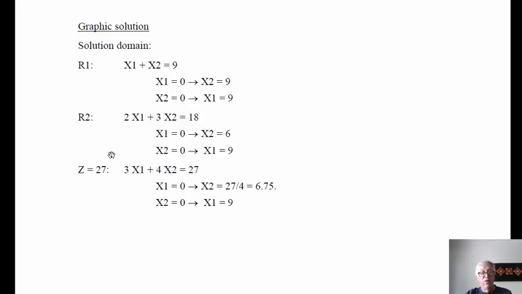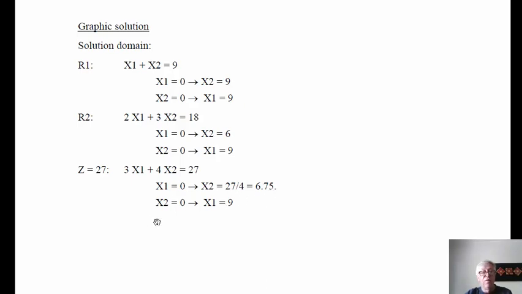And we can do the same to the line of z. We saw that the optimal value of z was 27, so we can see the shape of the line z equal to 27. Evaluating this function, this line, we do the same. If we consider x1 equal to 0, we see that this line will cross the vertical axis at 675.